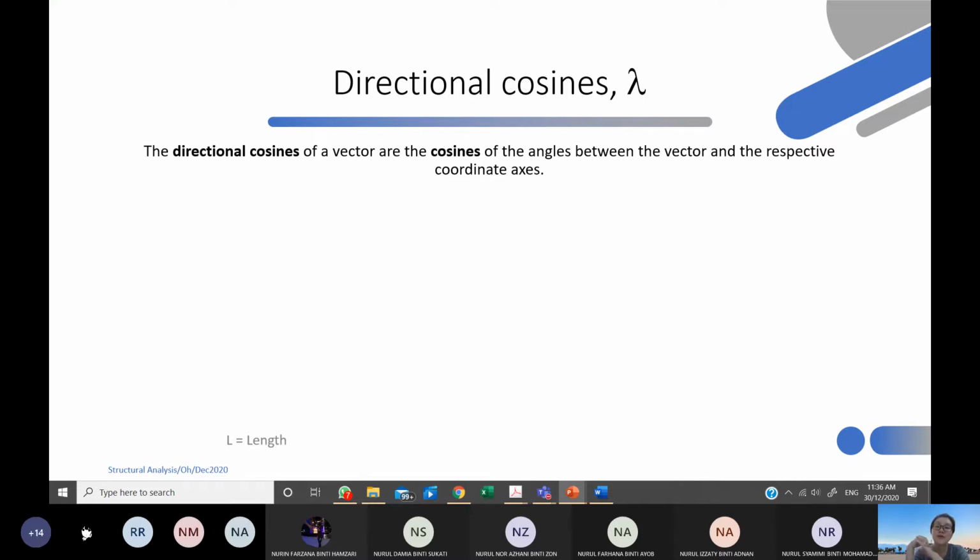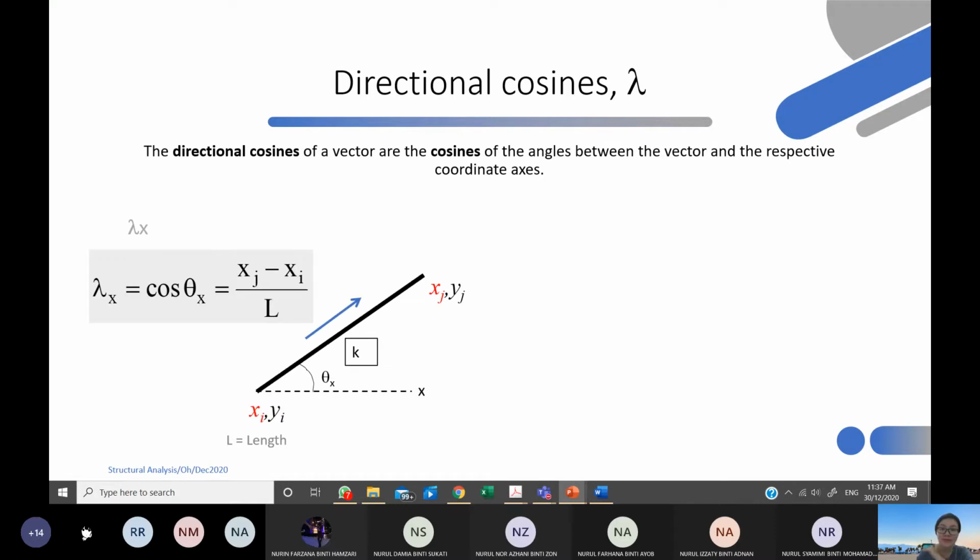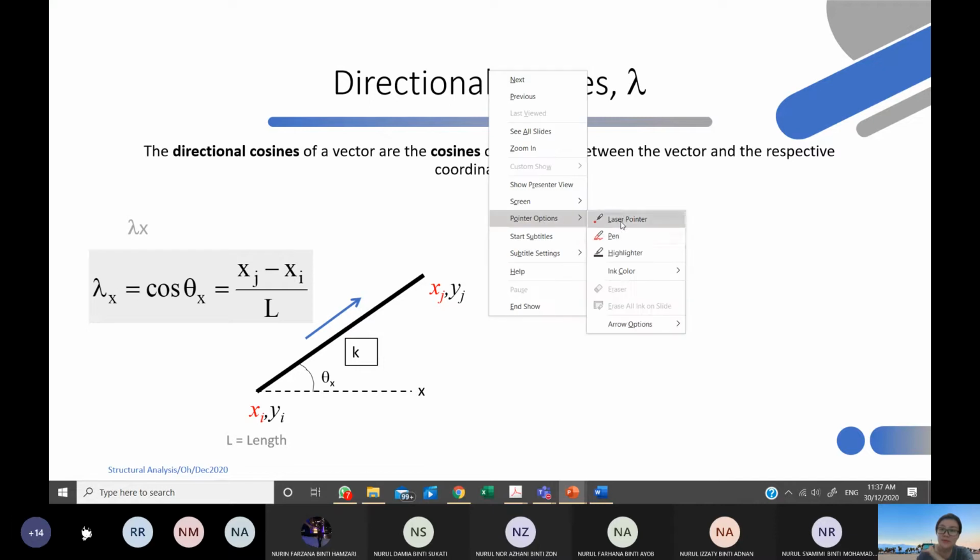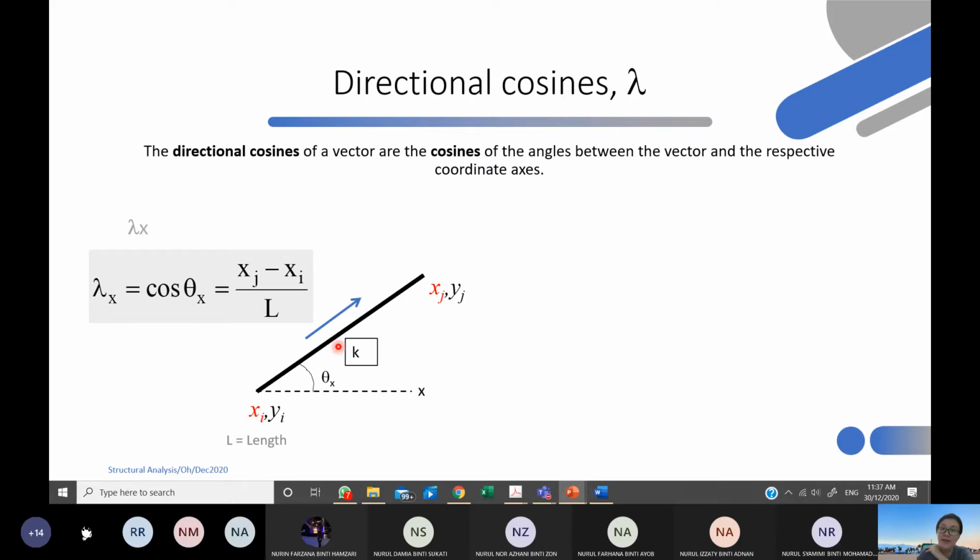This directional cosine, we are gathering the elements here to become a vector, based on the angles between this so-called vector with the coordinate axis. What is the vector? The vector is this one. Let's say you have an element K, element 1 or 2 or 3 and so on.